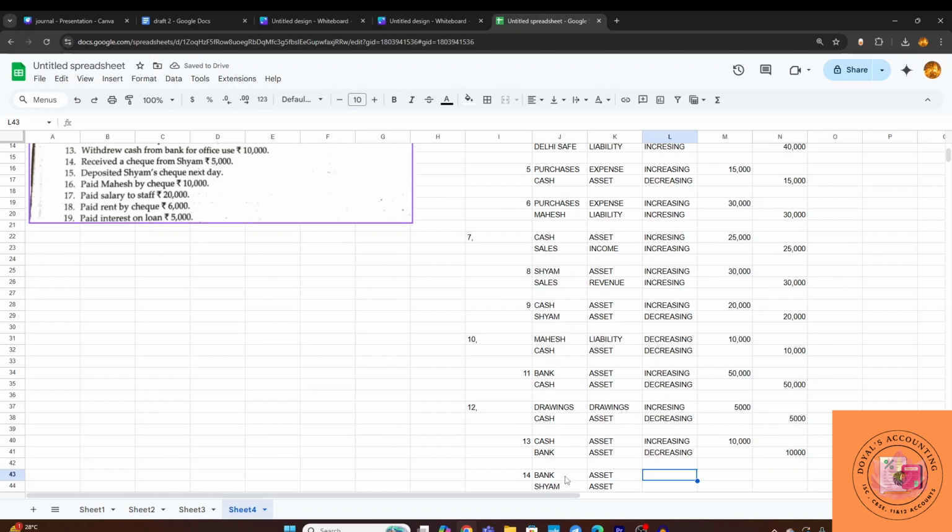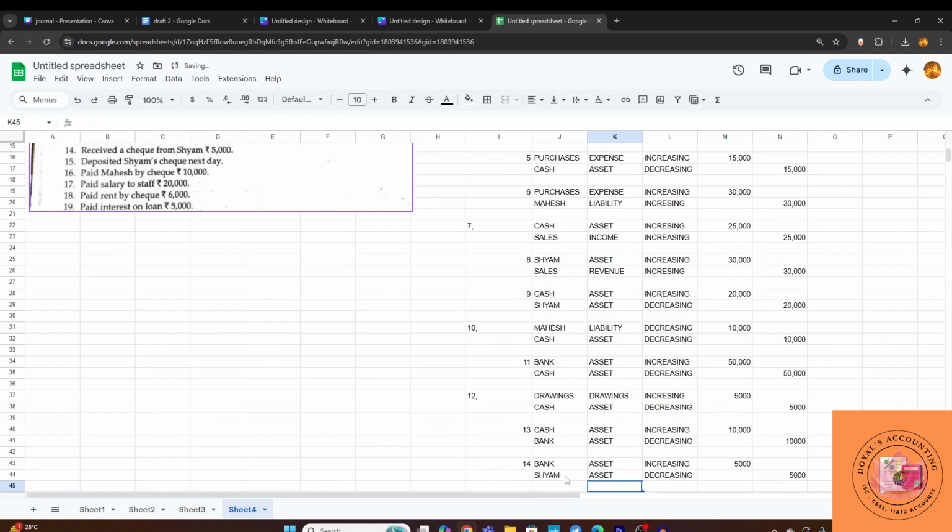Here, our bank balance is increasing because when the check is credited in our favor, our bank balance will increase, and now Sham will owe us less amount of money. So his balance will decrease to the extent of 5,000. Thus, bank account debit to Sham.